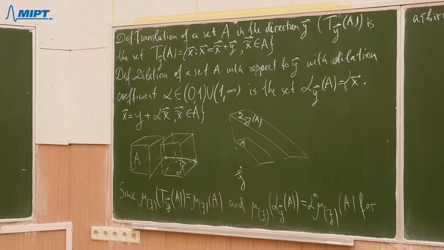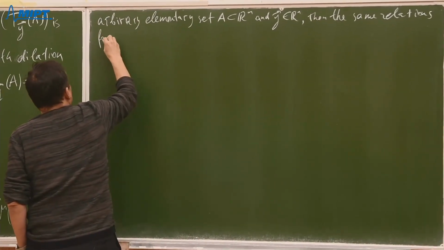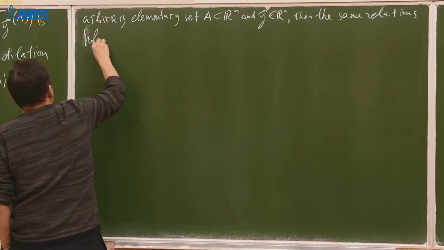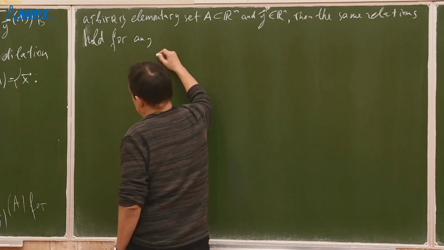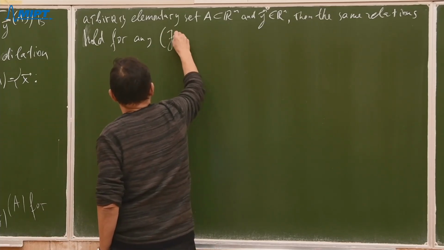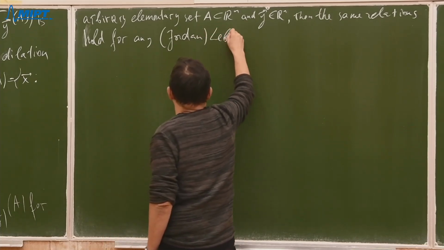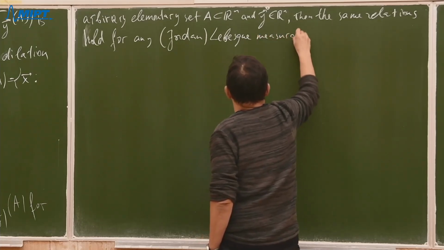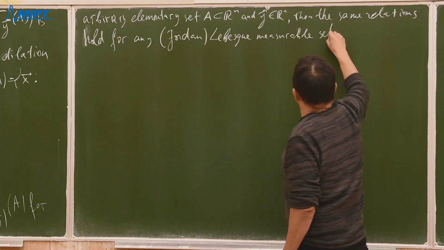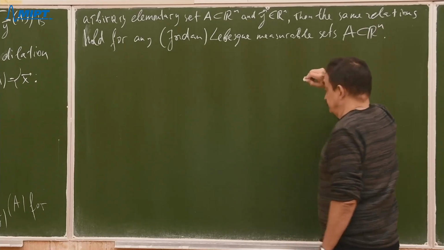then the same relations hold for any Jordan or Lebesgue measurable sets A in Rn.